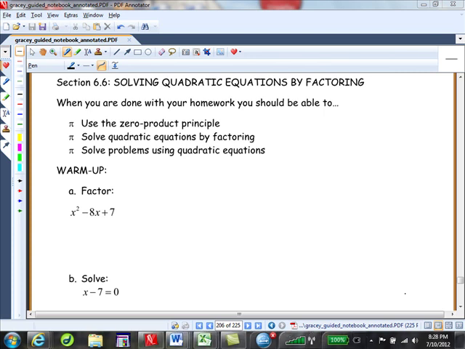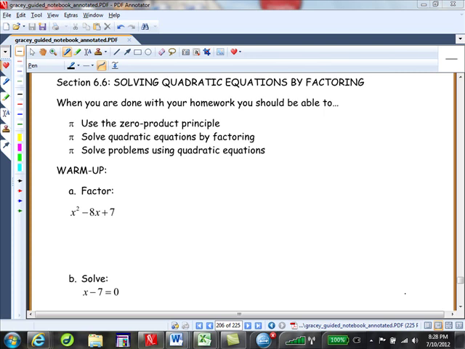Important. When you're done with your homework, you should be able to use the zero product principle. Notice, zero product. No -1 product, no 256 product. There's only a zero product, because if you recall, 0 times any number is 0.